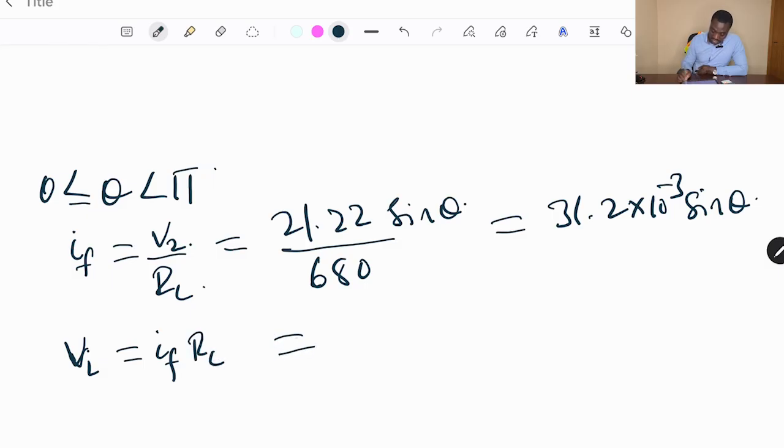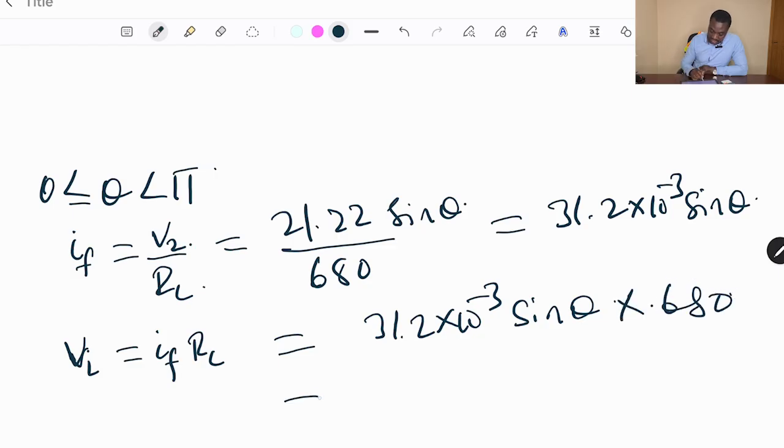So we have 31.2 times 10 to the power minus 3 sine theta, times 680, and you see you get back to the same 21.22 sine theta.